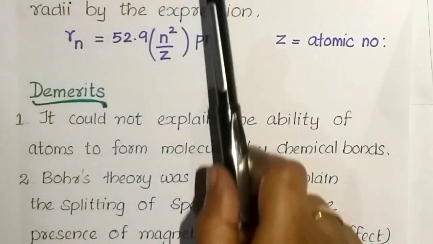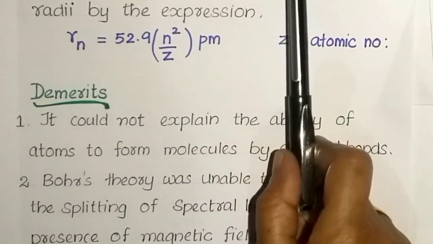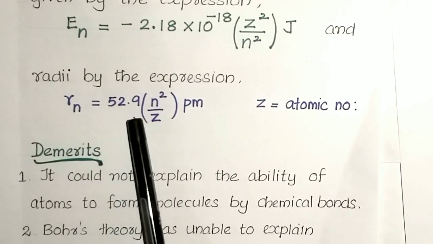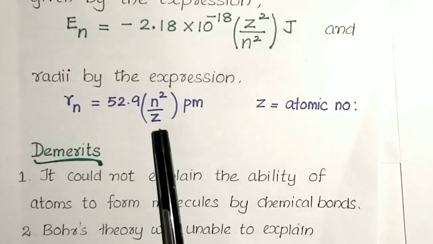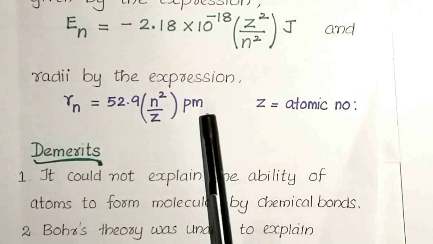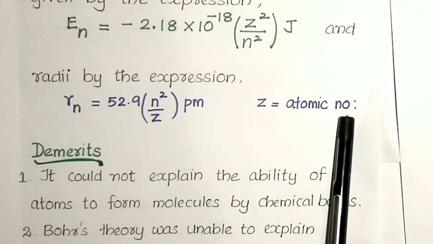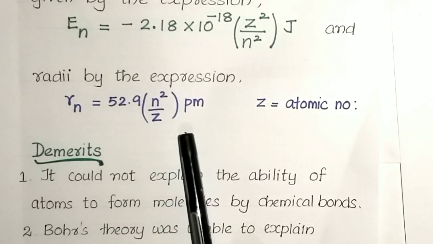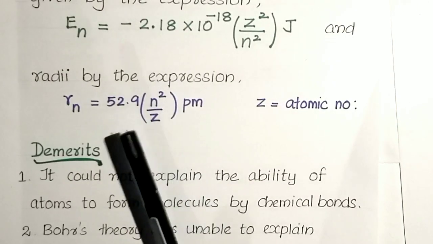And the radius of 1 electron species can be calculated by the expression Rn is equal to 52.9 n square by Z picometer, where Z is the atomic number. So, these are the important merits of the Bohr atom model.